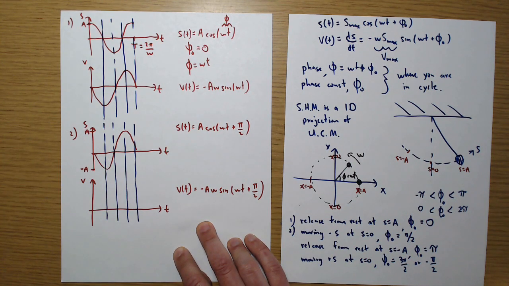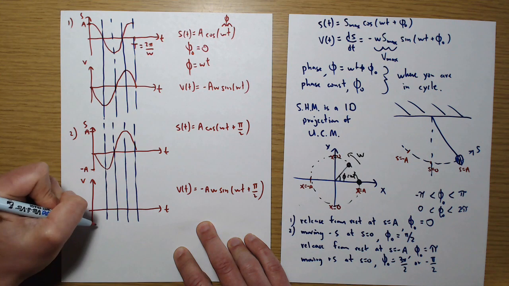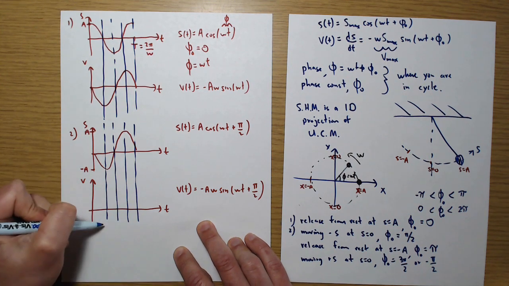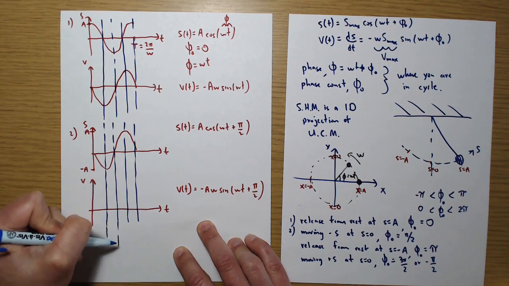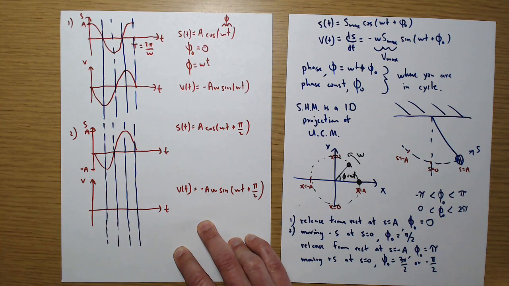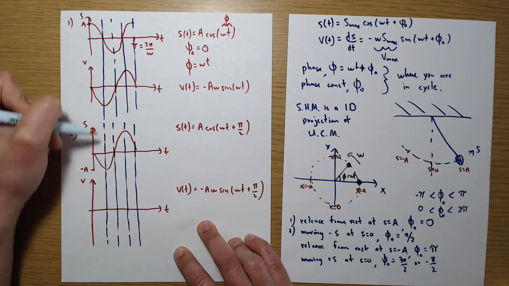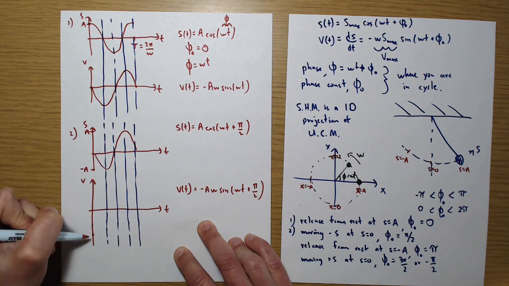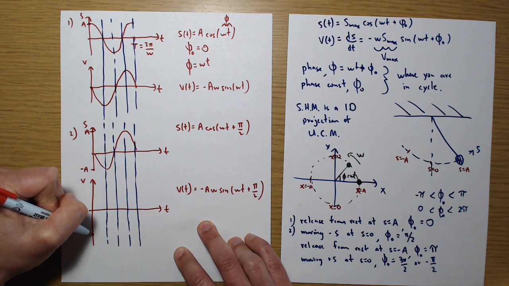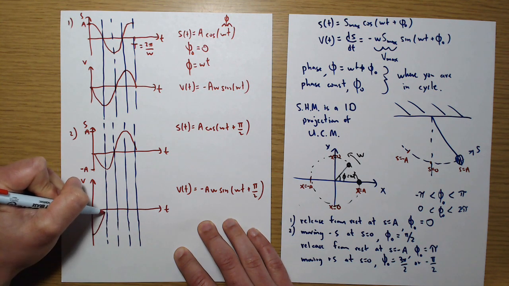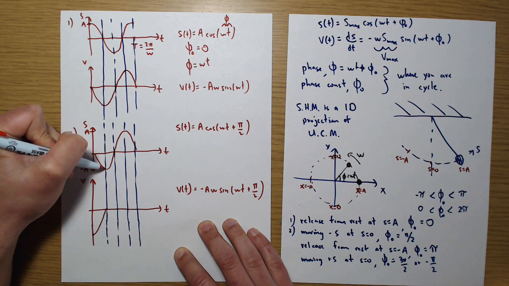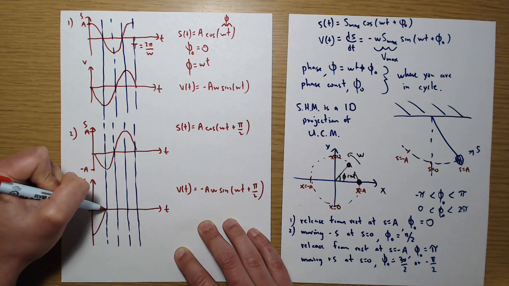So when I sketch that graph, I should extend these lines slightly downwards. I start off with a maximum negative velocity because it's moving to the left, and then it reaches 0 when the position is at its negative amplitude.